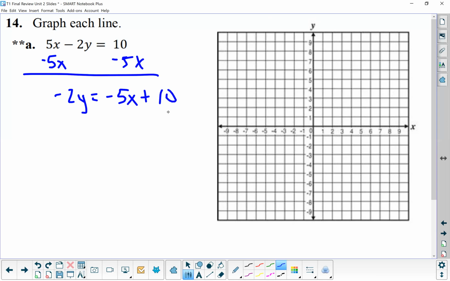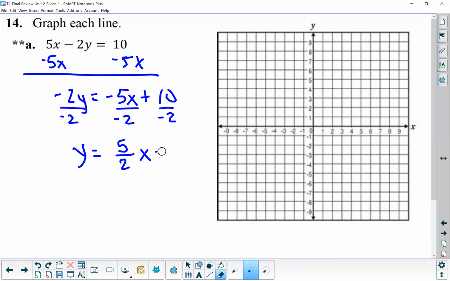The second step will always be divide by whatever y is being multiplied by. So I divide by negative 2. Here, negative 5x divided by negative 2, a negative divided by a negative is a positive. That's 5 divided by 2, x. And then we have 10 divided by negative 2, which is negative 5.